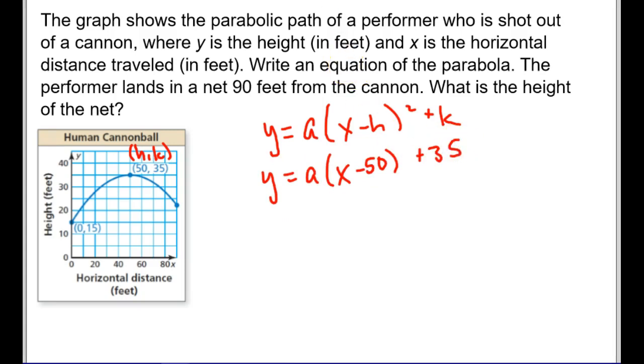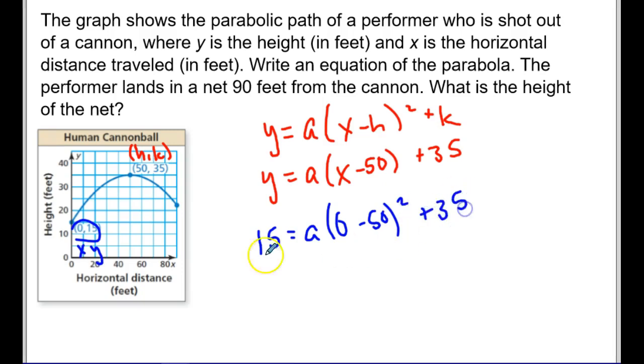So now I need something else to help me finish out this equation. I don't know what a is, but I see here I have this other point. I have an x and I have a y. So let's plug those in. So my y value in that other point was 15 equals a times (0 minus 50) squared plus 35. Well, now that I've gotten rid of all of the variables except for a, now I can go ahead and solve.